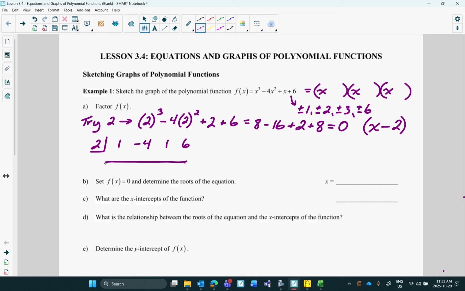I should definitely get 0 here, if I do it correctly. 1, -2, -6, 0. I already know that if I divide by x minus 2, there's no remainder. What does this translate to?